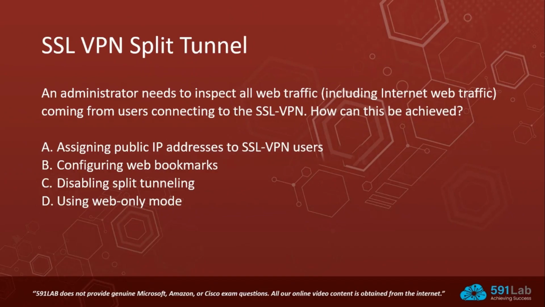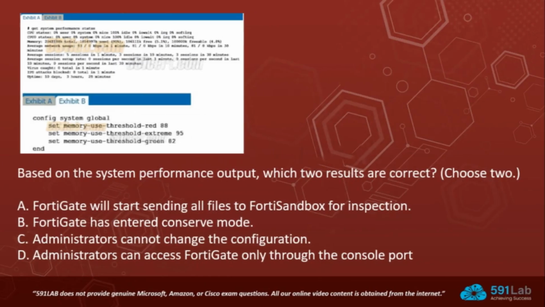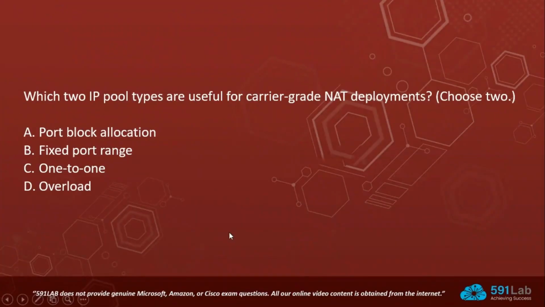An administrator needs to inspect all web traffic, including internet web traffic, coming from users connecting to the SSL VPN. How can this be achieved? Okay, let's go to the next question. Based on the system performance output, which two results are correct? Choose 2. Okay, let's go to the next question. Which two IP pool types are useful for carrier-grade NAT deployments?